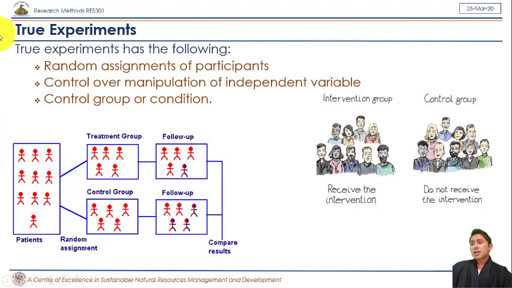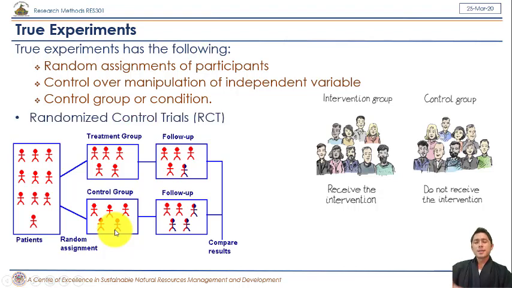And at last, we can call an experiment a true experiment if we have got a control group. So this is a perfect true experiment, because from the population we randomly assigned a treatment group and a control group, and on them we had full control over the manipulation of our independent variable, here in this case the drug, and at last we have got a control group.